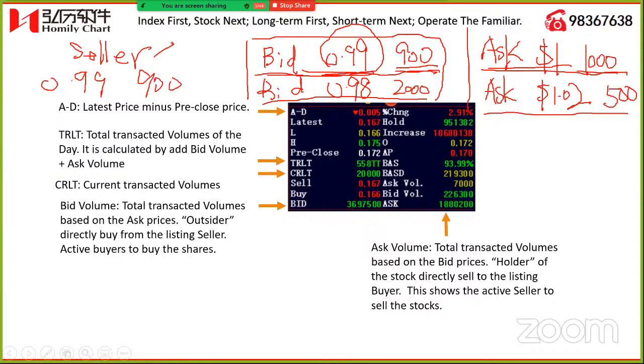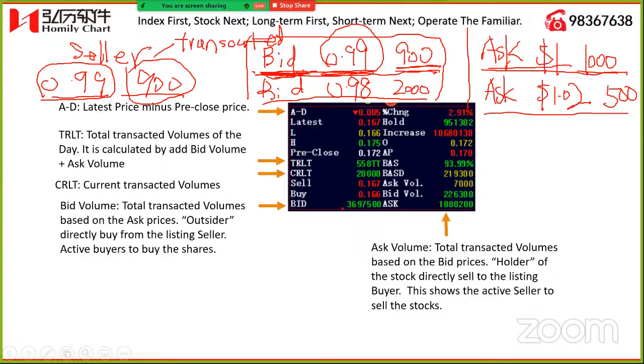All right, and that was an actual transacted price. The trade price is 0.99 and the volume is 900. Okay, so that means the buyer, this 0.99 and 900 shares was done. Okay, because there was a seller willing to show at 0.99 for these 900 shares.